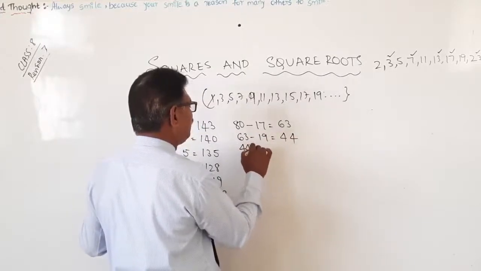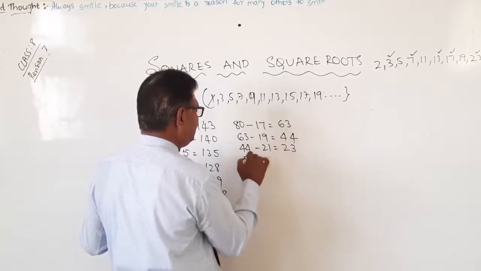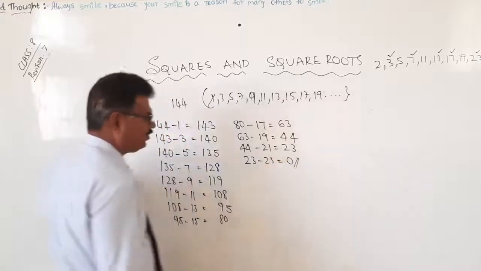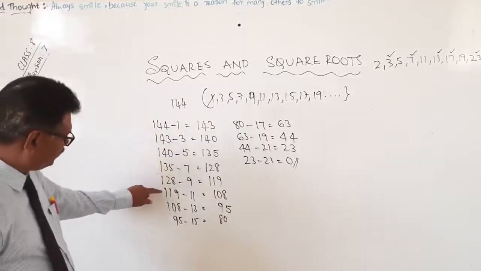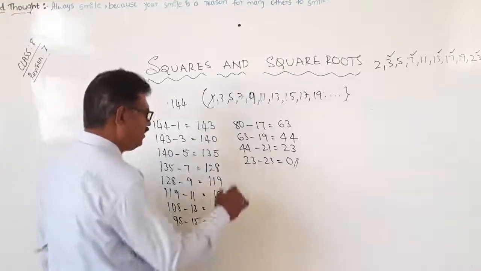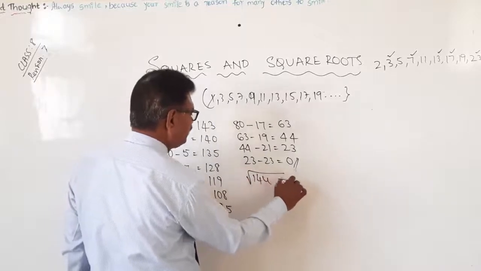Again 44 minus 21, it is 23. Therefore 23 minus 23 equals 0. Now we can count 1, 2, 3, 4, 5, 6, 7, 8, 9, 10, 11, 12. Therefore the square root of 144 is nothing but 12.